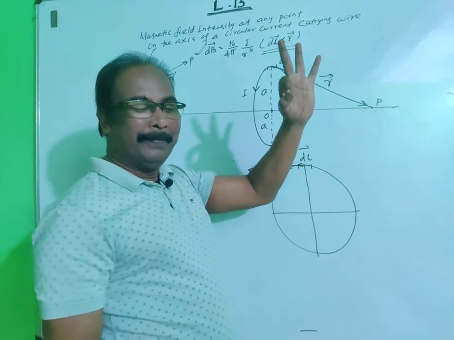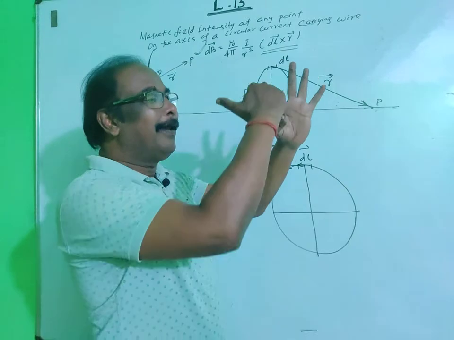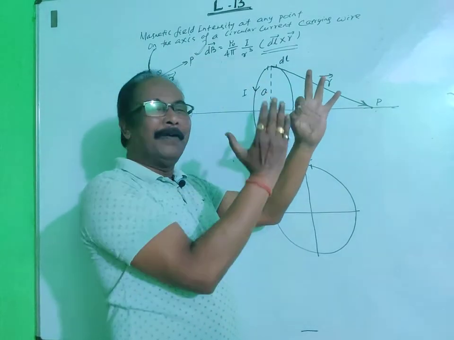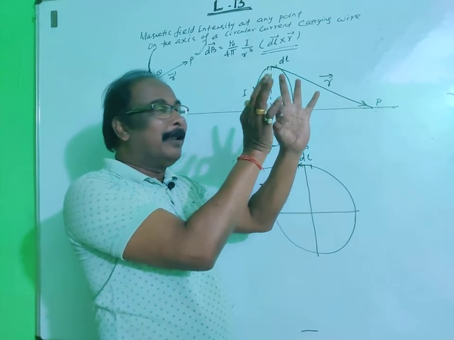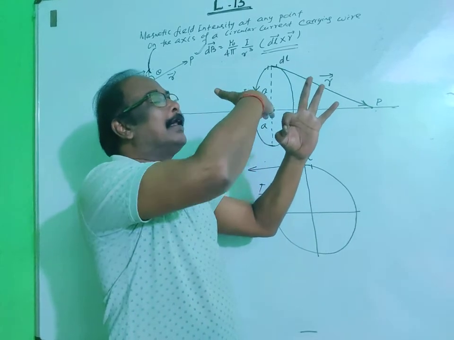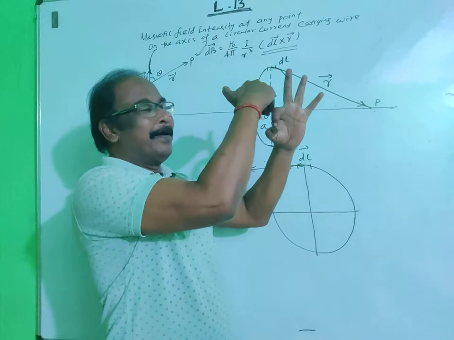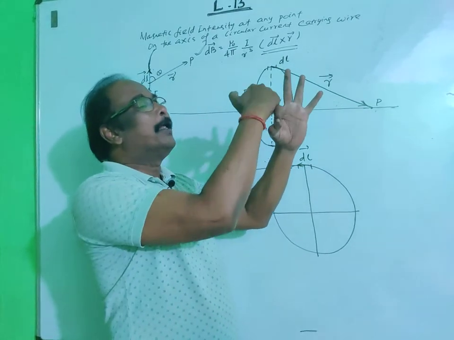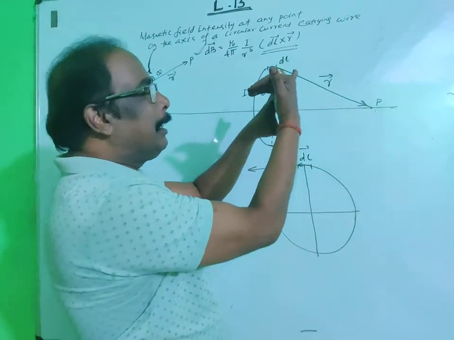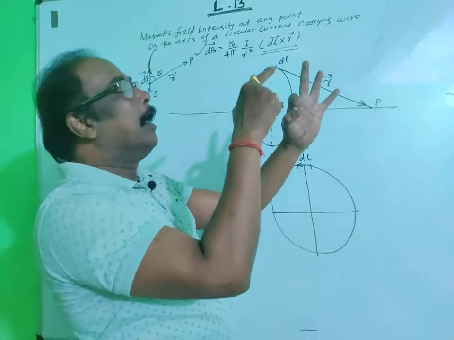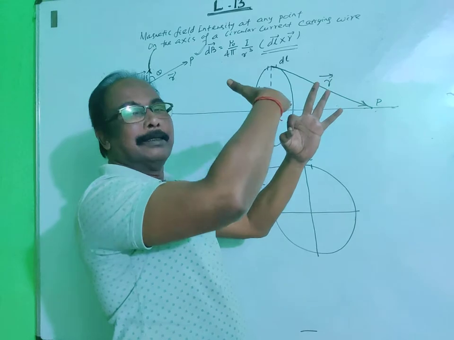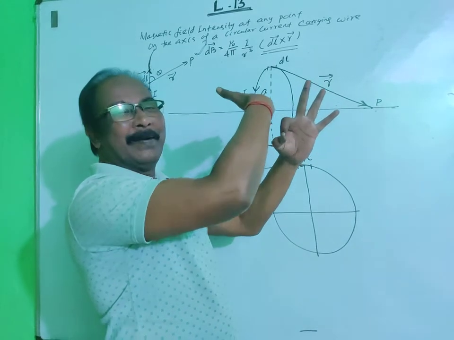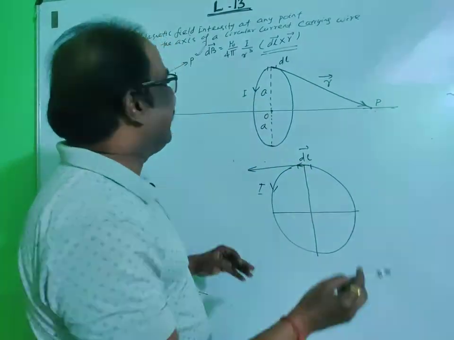This is the circle, and the current is flowing in anti-clockwise order. So at the top part, the direction of dl is along the tangent, meaning inwards.